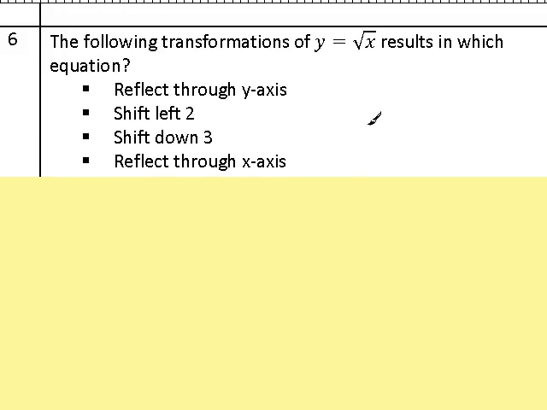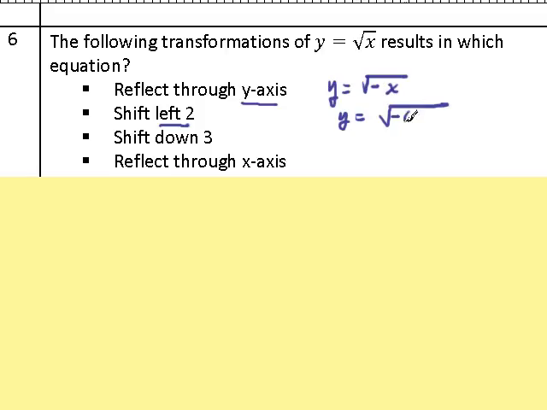The following transformations of y equals square root of x results in which equation? First, we're going to reflect through the y-axis. That means replace x with minus x. Left 2, that means replace x with x plus 2. So that would be y is equal to the square root. Here's where we have to be careful because of the negative in front.